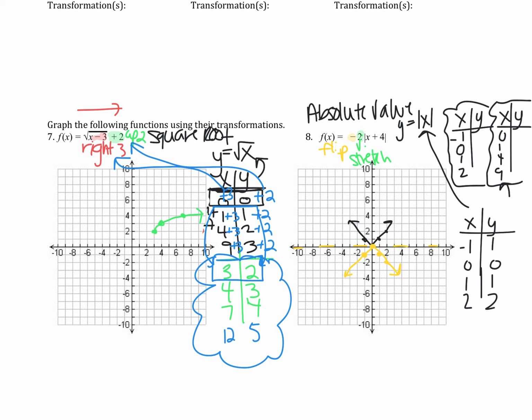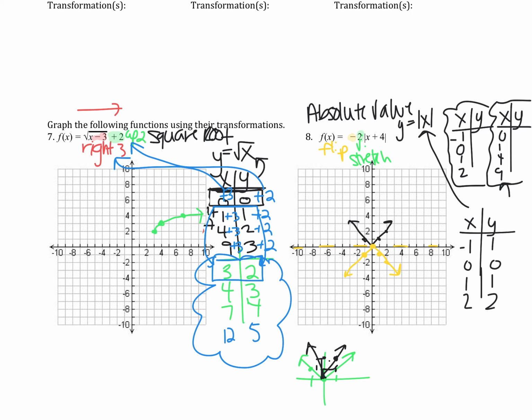So normally, for our parent function, when we look at our slope from our starting point to the next point, it's always up 1 over 1. But since I want to stretch it by 2, instead of going up 1 over 1, I have to go up 2 spots over 1 so that it stretches up.